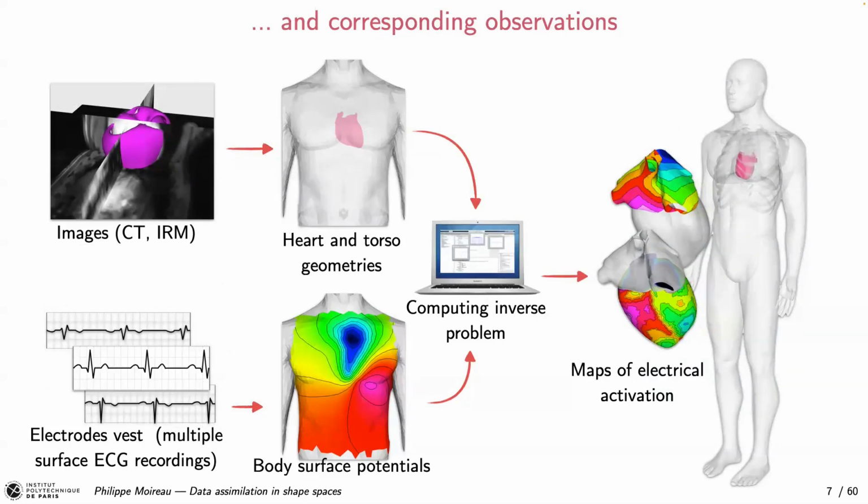So that's the body surface potential, and that's the time evolution of this signal. If they do some imagery, they can get the geometry, and from that, they try to recompute what they call time maps, or maps of the electrical activation. So these lines are the times where the electrical activation has passed or not.